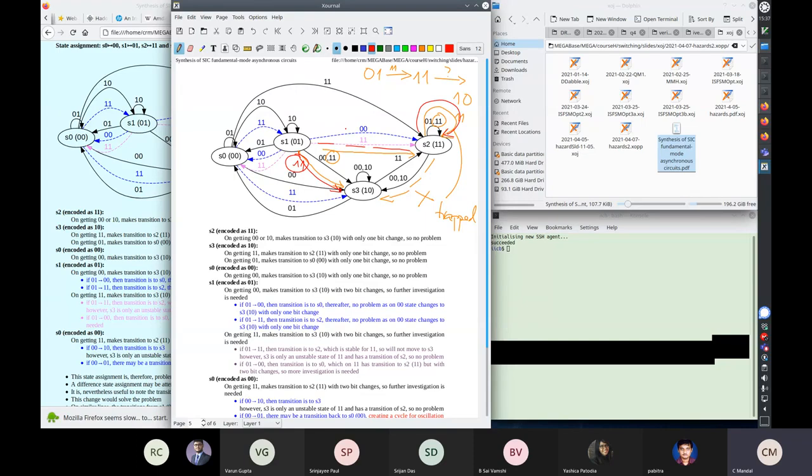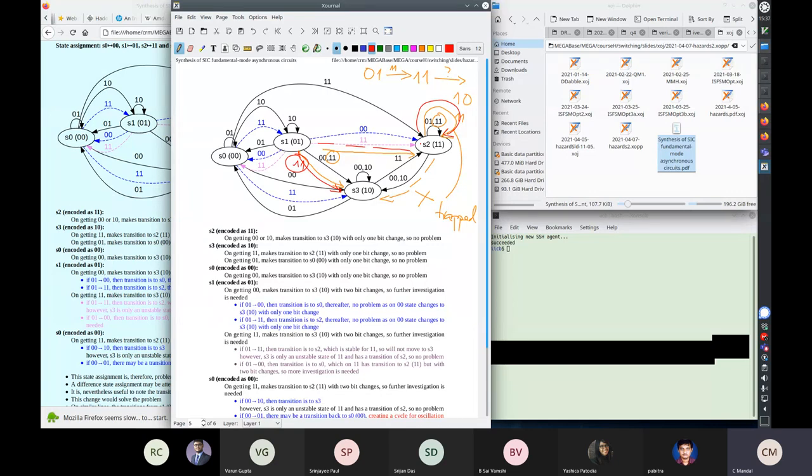So what you see is that an arbitrary state assignment may not work. You don't have this problem for synchronous circuits, because for synchronous circuits all the new state variables are simultaneously transferred to the flip-flops on the clock edge.